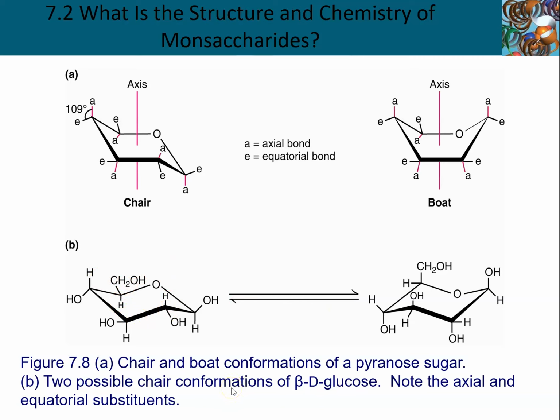And if you're drawing carbohydrate polymers, justifying the stability of cellulose or glycogen, you're going to want to be leaning on the stability of the predominant form of beta-D-glucose.